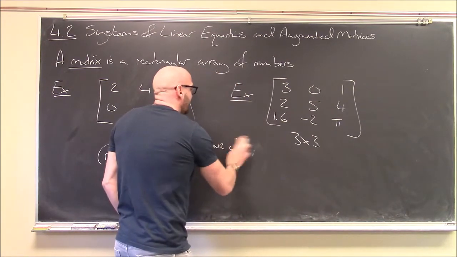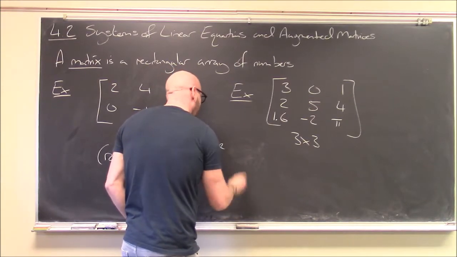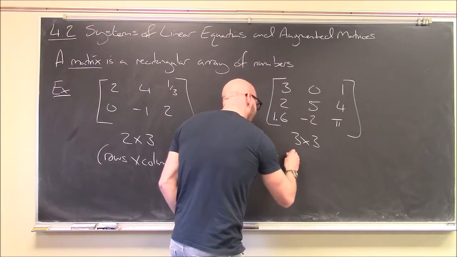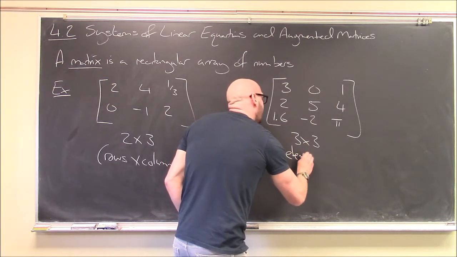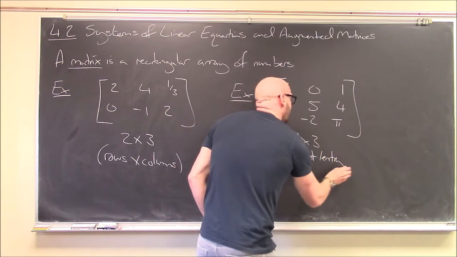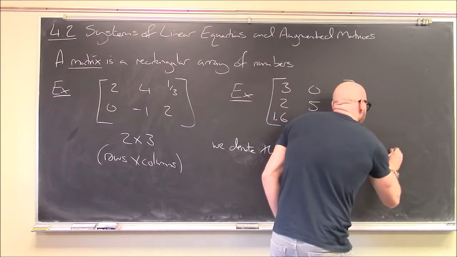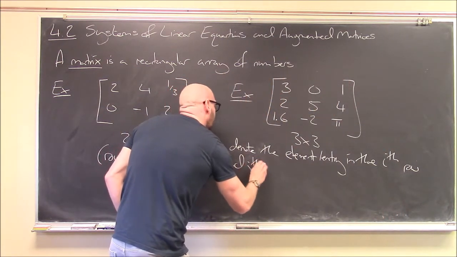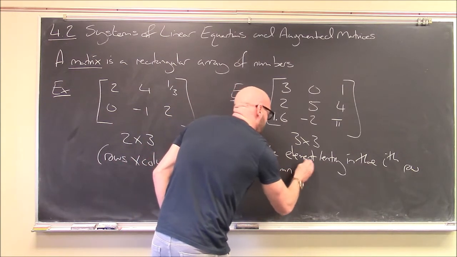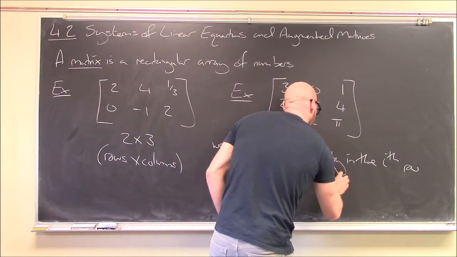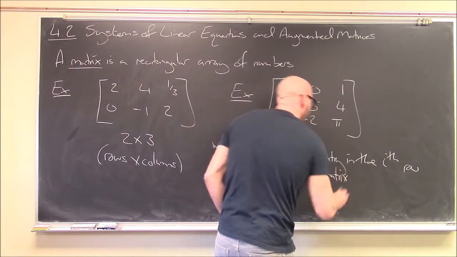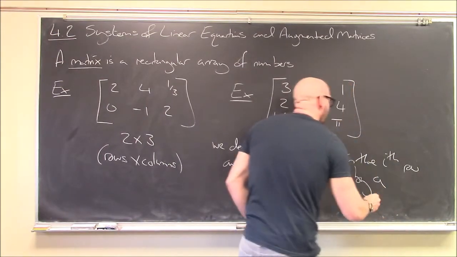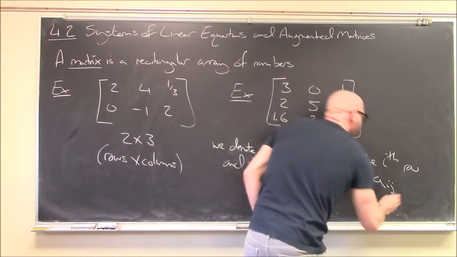We denote the element or entry in the ith row and jth column of a matrix using double subscript notation, a sub i j.